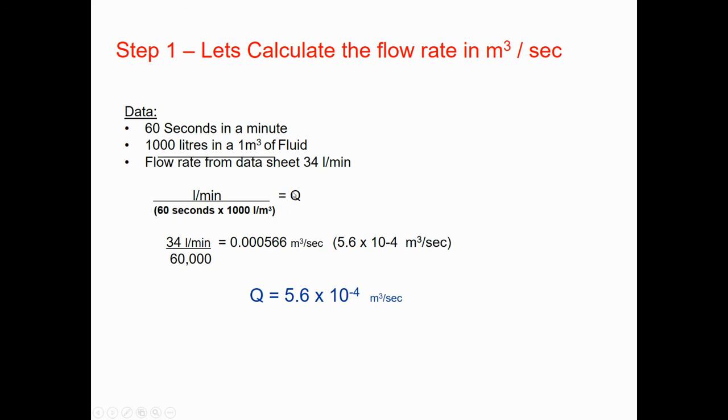The units here: the L will be simplified with the L, the minute will go with the minute, and we're left with cubic meter per second. So the calculation is 34 liters per minute divided by 60,000, which is equal to 0.00566 cubic meter per second. So we got the value for Q.